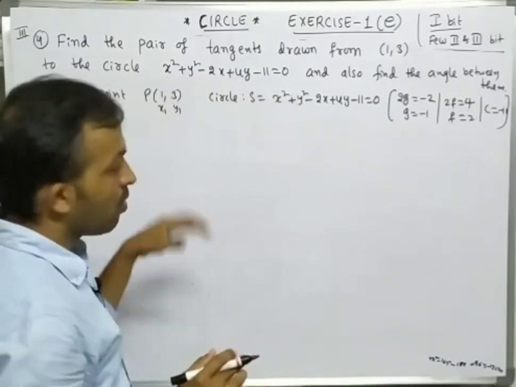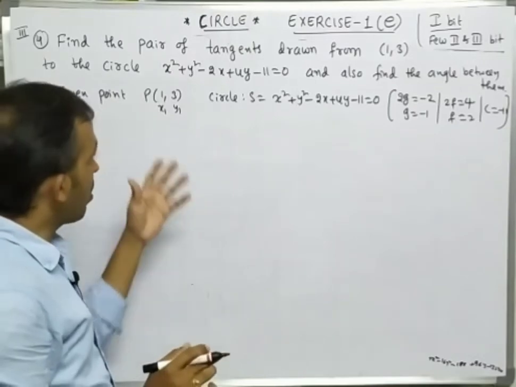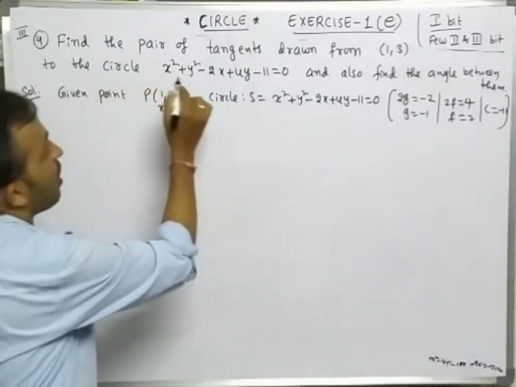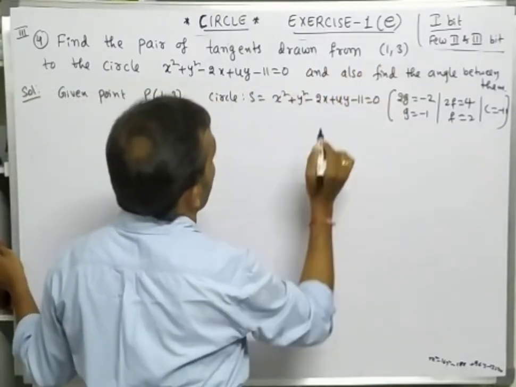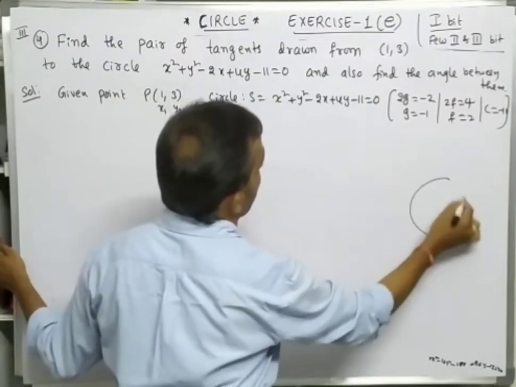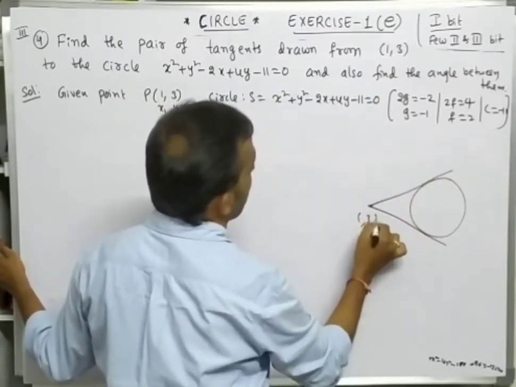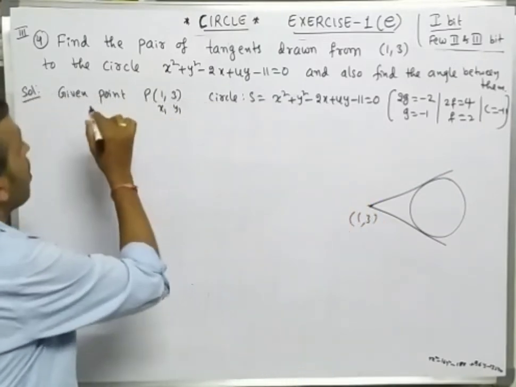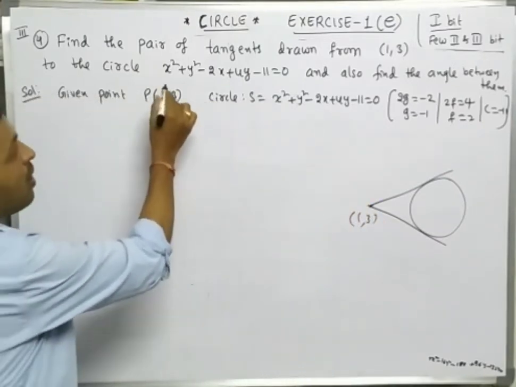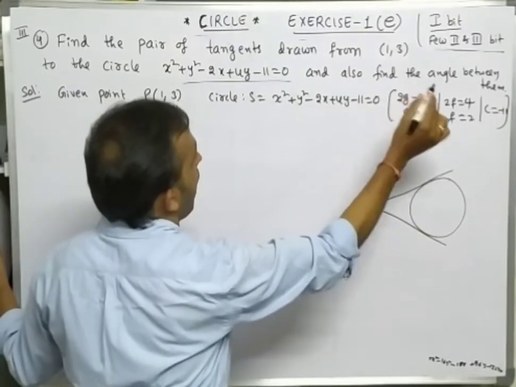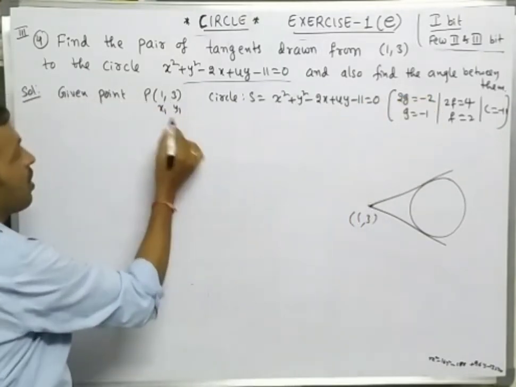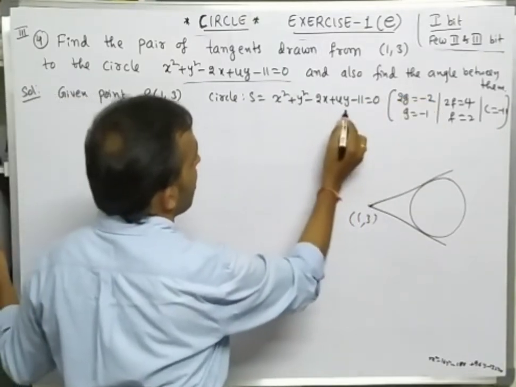Based on that I am going to solve this problem. Find the pair of tangents drawn from the point 1 comma 3 to the circle, and also find the angle between them. So P 1 comma 3 be a point, and this is the circle.